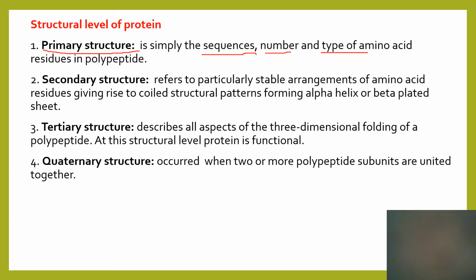Once this special number, type, and sequence of amino acids are done, it passes to the second structural level. This is secondary structure. In secondary structure, side chains of different amino acids of the polypeptide molecule react to each other and make bonds such as hydrogen bond, ionic bond, hydrophobic interaction, van der Waals force.